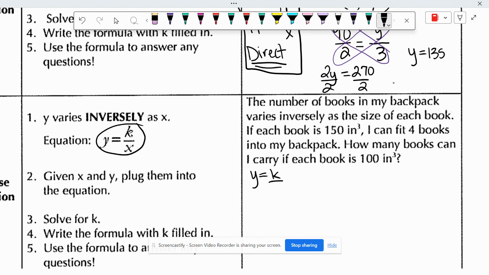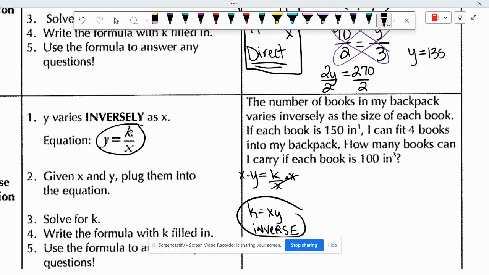How am I going to do that? Yeah, multiply both sides by x. So k equals x times y for inverse variation.